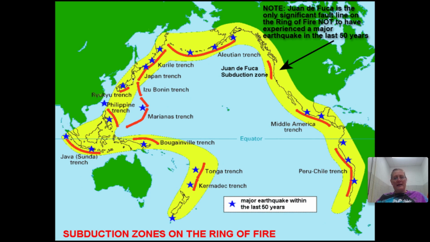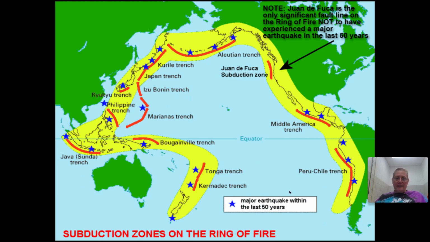There's Japan, all the way up that coast there. This is part of Russia. And then here are the islands that lead us into Alaska and all the way down the west coast of North America, all through Middle America, and all the way down the western side of South America as well.